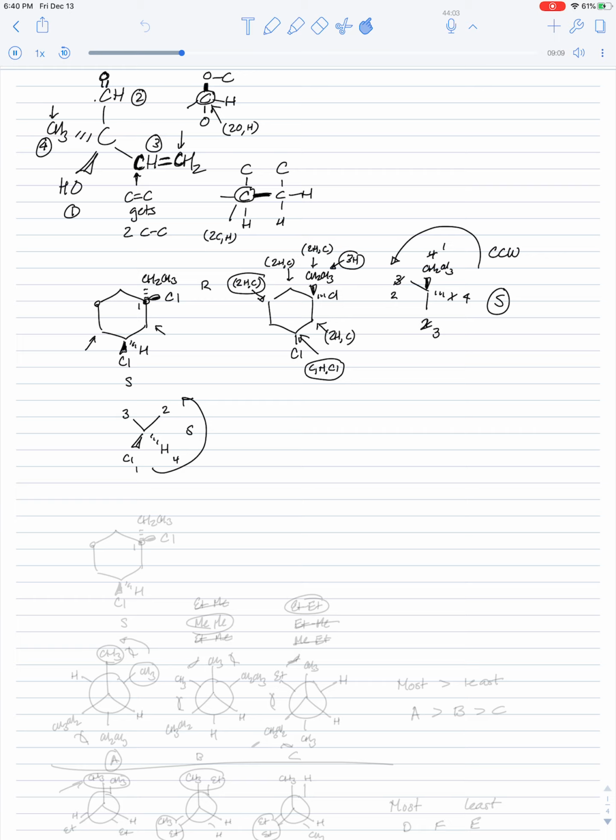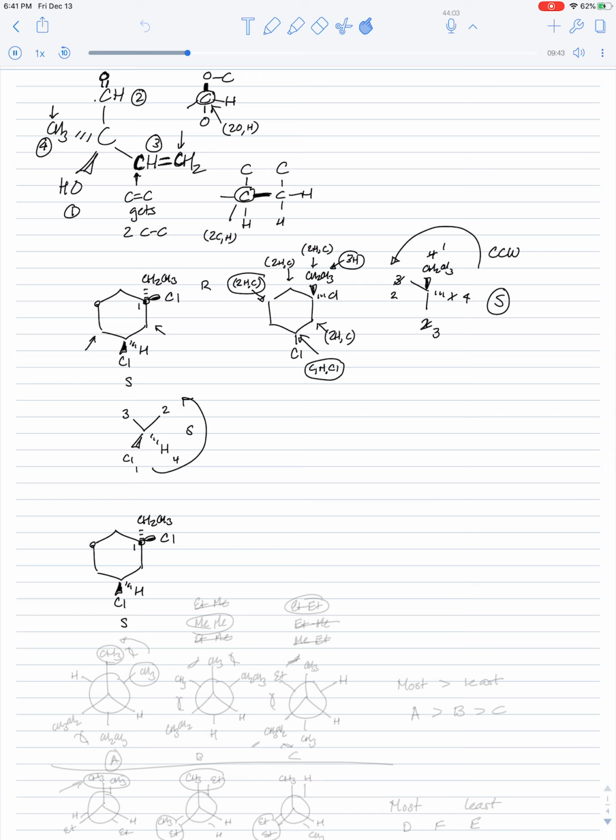Okay. So that's not the answer. That doesn't get us to the answer yet. That's just the first part. So let's just draw that structure, and now the question is, where do I go from here?